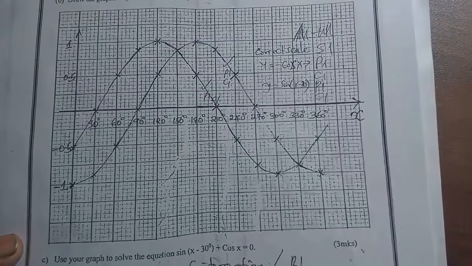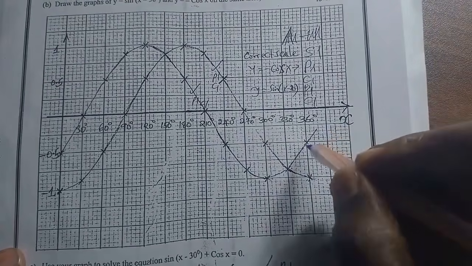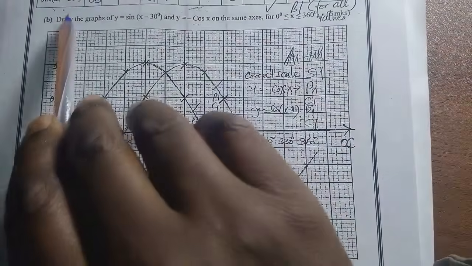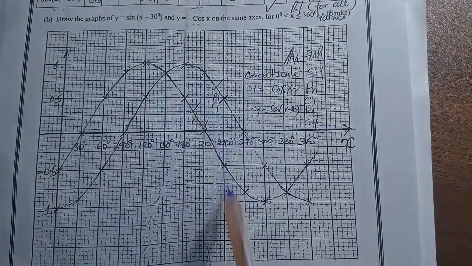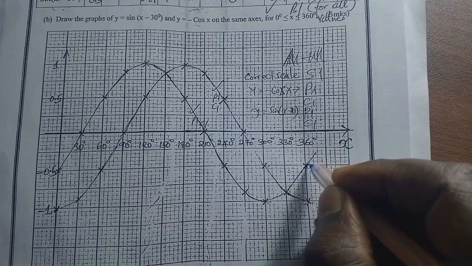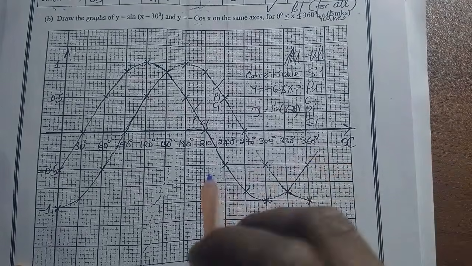Remember to write it. If this is the graph for sine, for example, this graph here, remember to write that this graph is for sine what. That is what we call labeling.